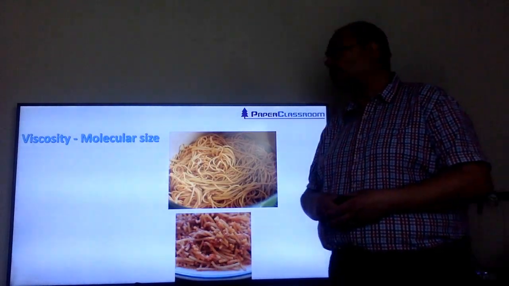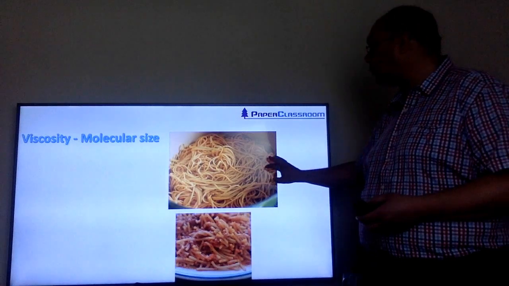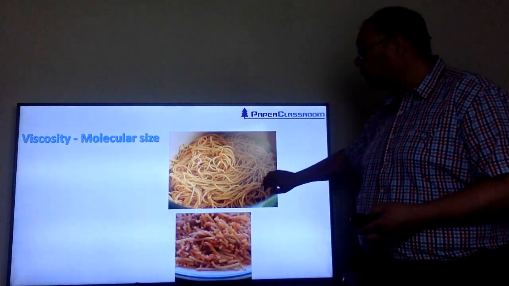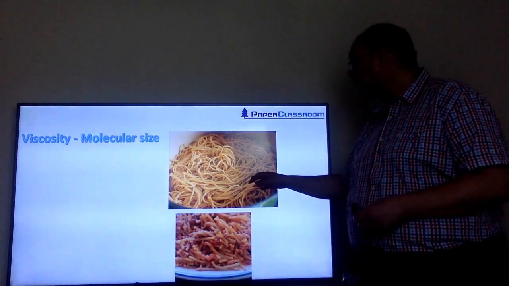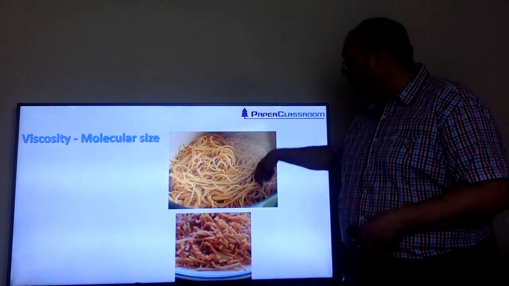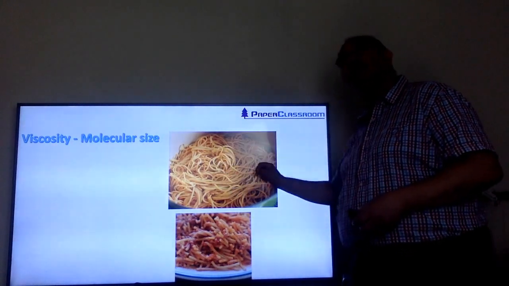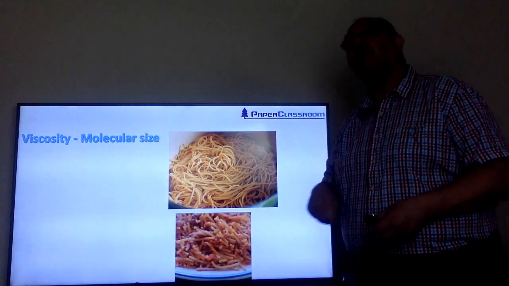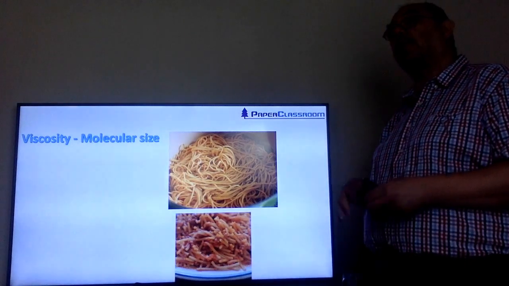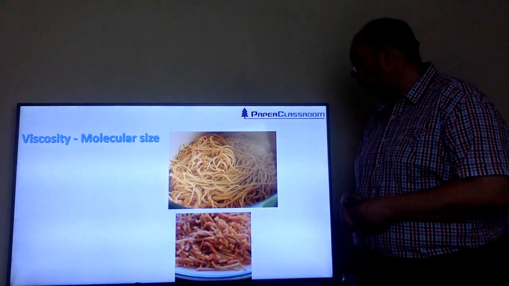Then we've got molecular size. If you've got some really long molecules like these long bits of spaghetti here, if you try stirring this, all this spaghetti will get entangled. Similarly, if you've got very long molecules, they will become entangled, and so you'll have a very viscous solution.